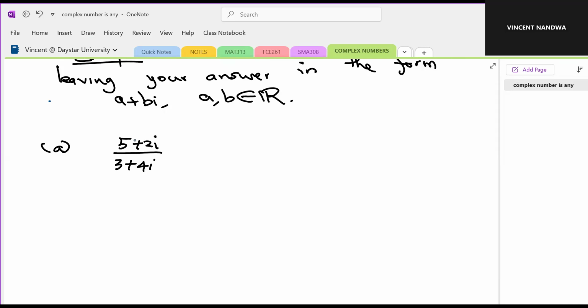So what this one requires us to do is to write 5 plus 2i over 3 plus 4i. Then the complex conjugate of the denominator is 3 minus 4i. So we'll multiply both the numerator and the denominator by 3 minus 4i.